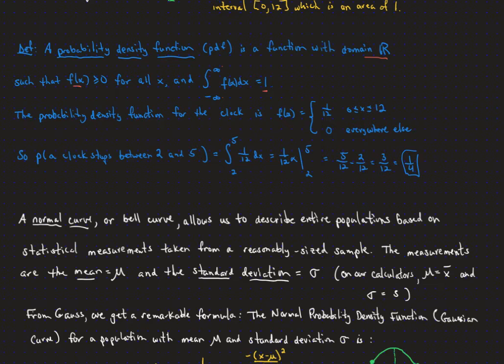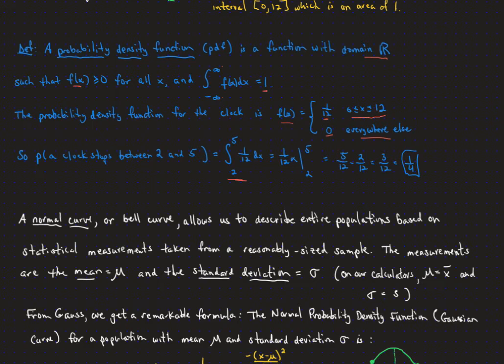So using this idea on our clock function, we could say that our f of x, given as a piecewise function, is going to be 1/12 from 0 to 12 and 0 everywhere else. And so then we get a nice way of talking about the probability that a clock stops between 2 and 5: that's the integral from 2 to 5 of the probability density function, in our case 1/12, and that's a nice way of showing that we get a 1/4.